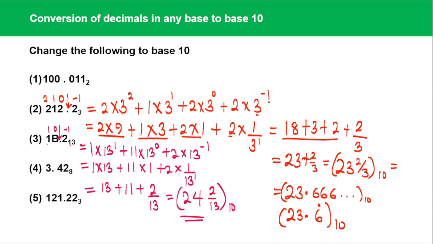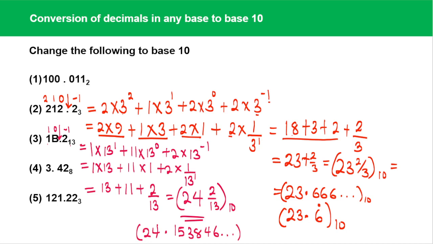If we write that in decimal, that will be 24.153846 dot dot dot. In other words, the decimal has not terminated and it's not repeating, so we cannot use a repeater in this case. The decimal did not terminate and it is also not repeating.